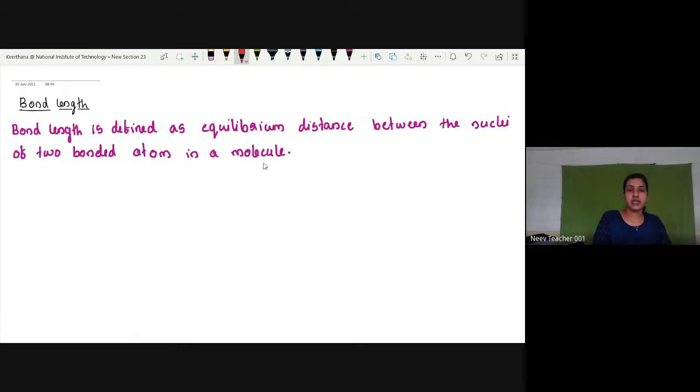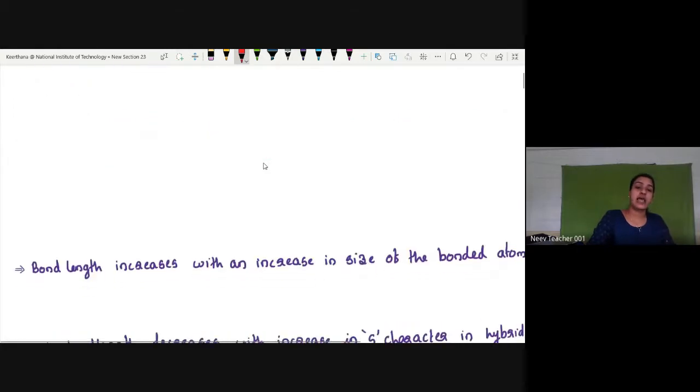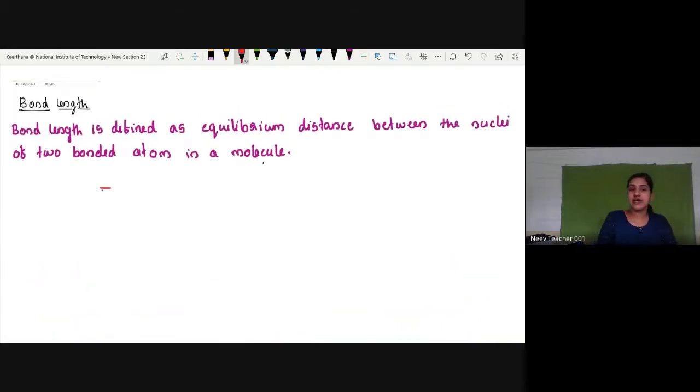Here we are concentrating on covalent compounds. The simple definition of bond length in a molecule: if two atoms are involved in bonding, the bond length is measured as the distance between these two centers.